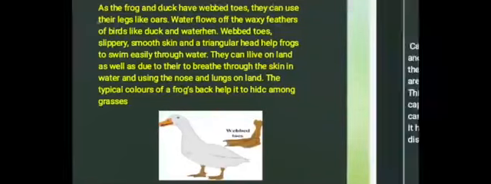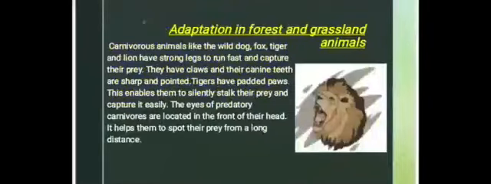The next one is adaptation in forest and grassland animals. Carnivorous animals like the wild dog, fox, tiger, and lion have strong legs to run fast and capture their prey.